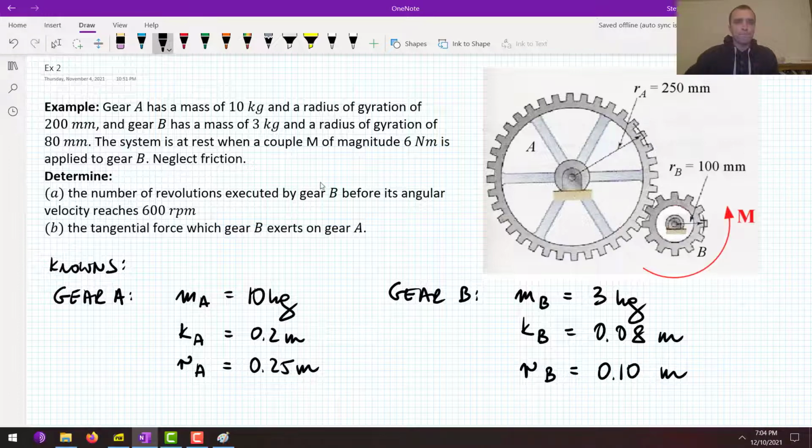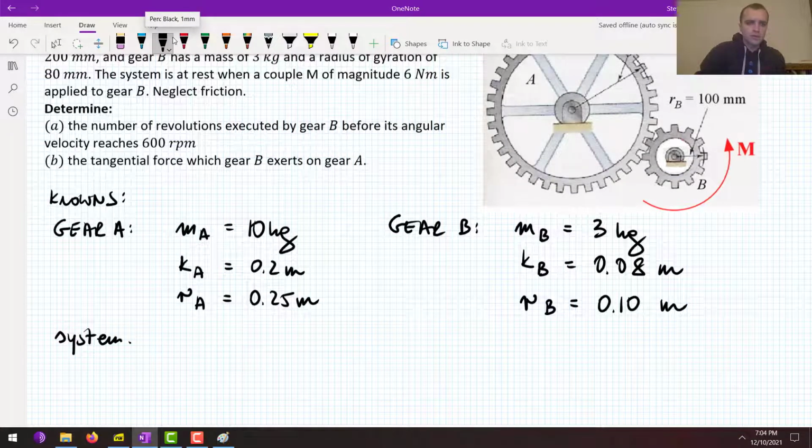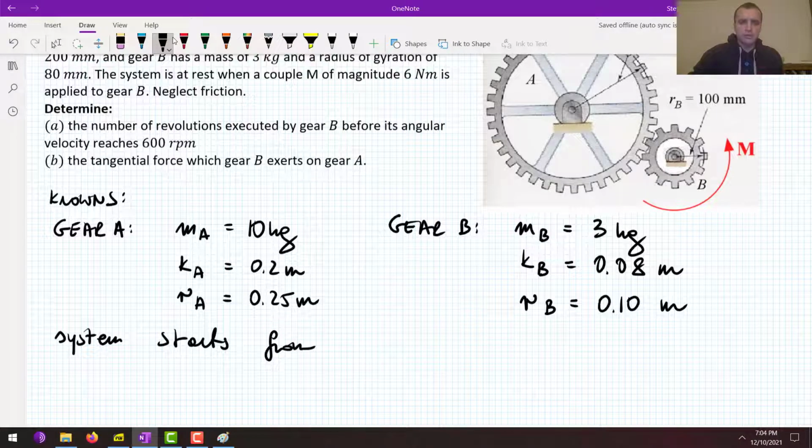We know that the system starts from rest. There is no friction between these gears. And we know that our M is 6 newton-meters.